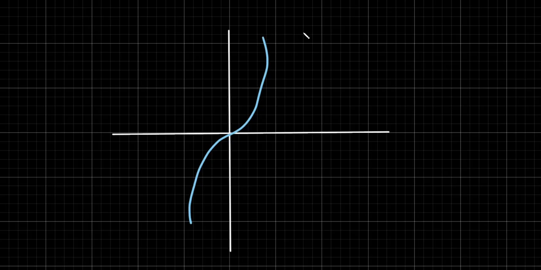Cotangent would look like that. You're close. Yes. Okay. That's what's going to be on the test with the reciprocals, mostly, for the graphing of the reciprocals. You will have to graph either sine or cosine on the test.